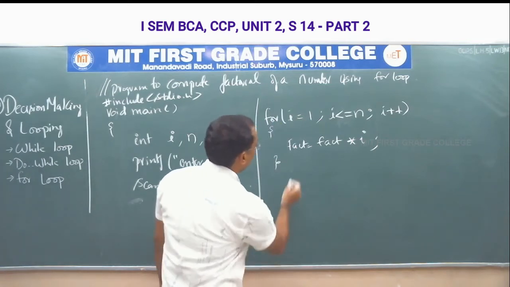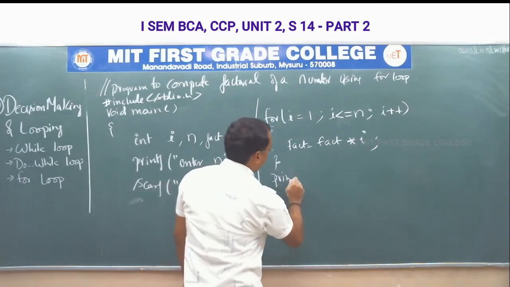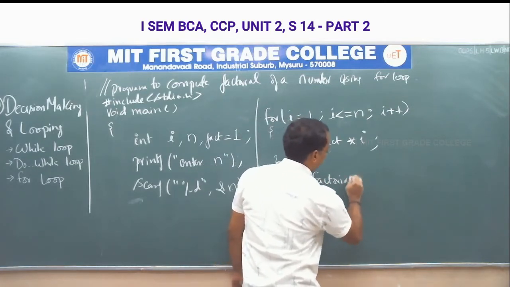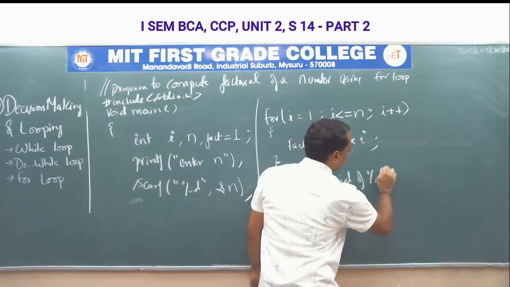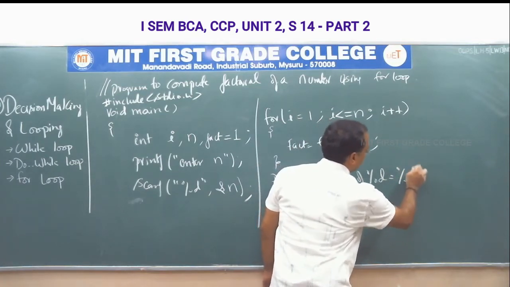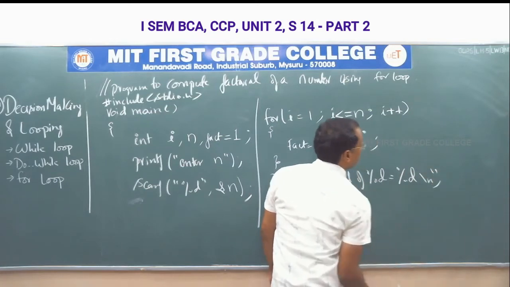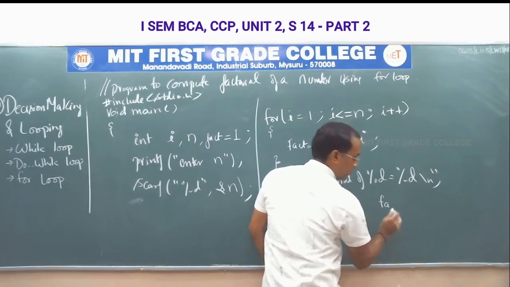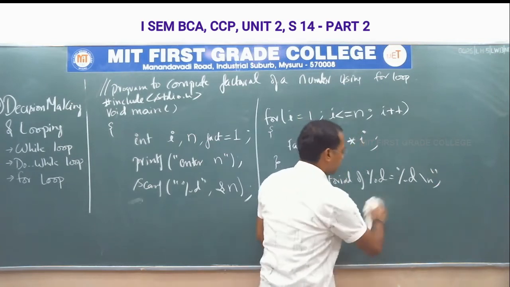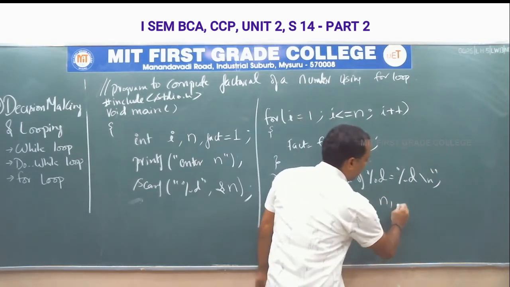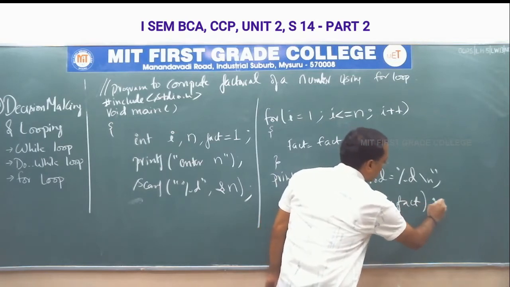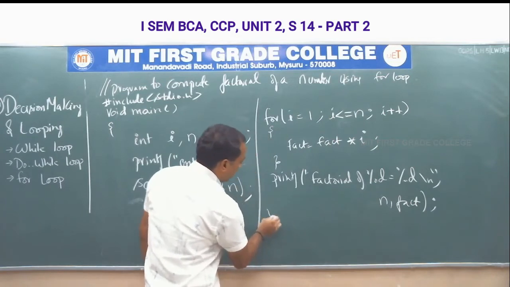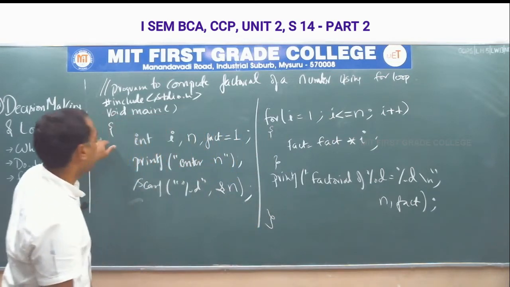Done computing the factorial, printf factorial of %d is equal to %d slash n. Here you have to write fact, first one is n, comma fact, close the round brackets, close the curly brackets for the main function.